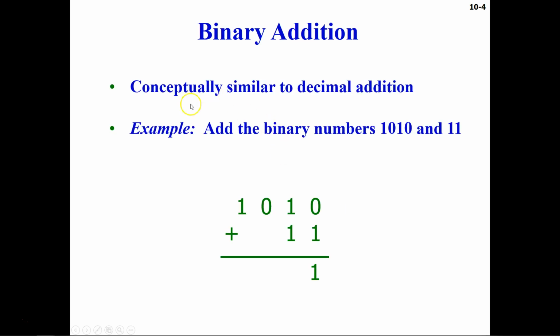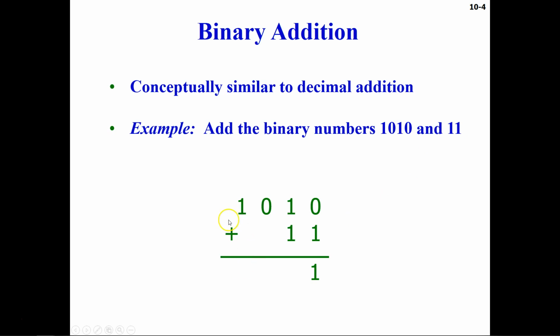Binary addition is similar to decimal addition. Let's take an example to understand it. We have the binary numbers 1010 and 11, and we have to add these two numbers. 1010 is 10 in decimal, and 11 is 3 in decimal. So in total, if we add them up, it should produce 13.